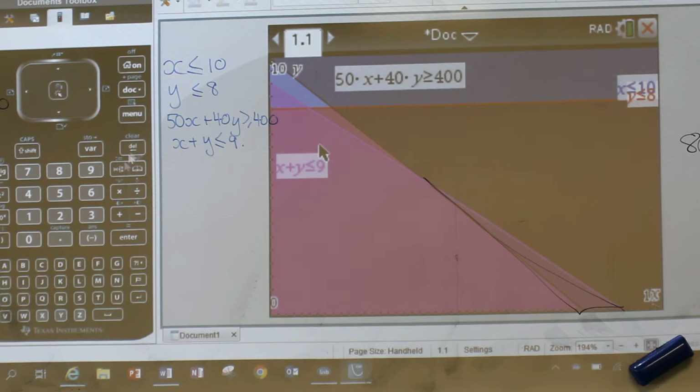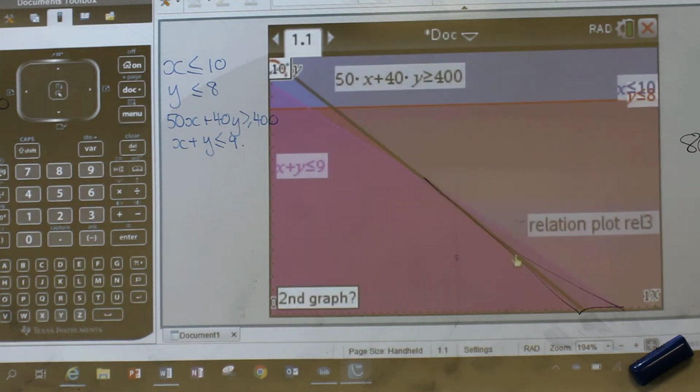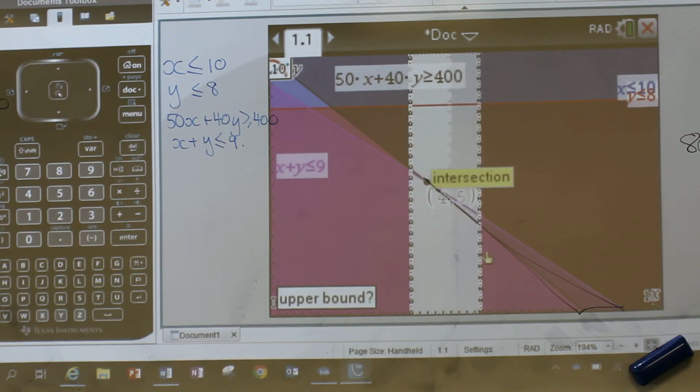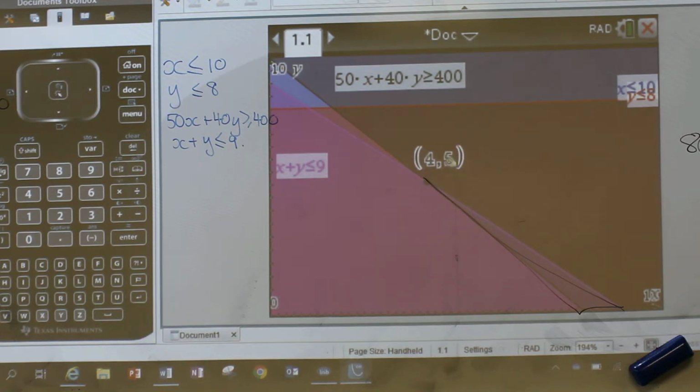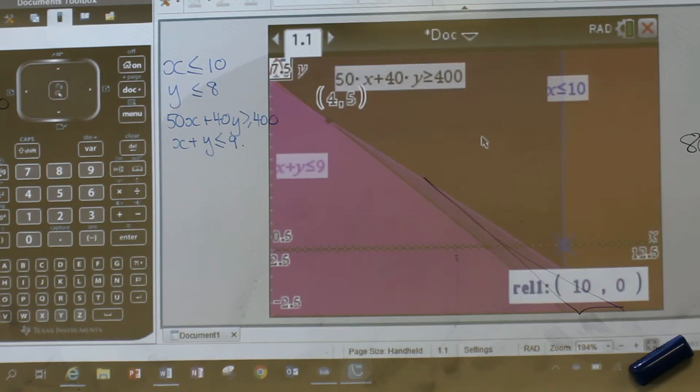So to find our intersections, menu, analyze graph intersection, that graph and that graph has an intersection there. So 4 large buses and 5 small buses would get us enough people. Or we have our intersections here as well. Alright, so we need to go menu, trace, graph trace.